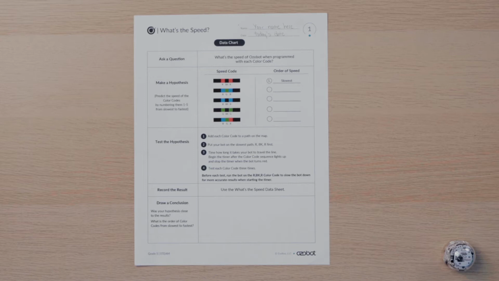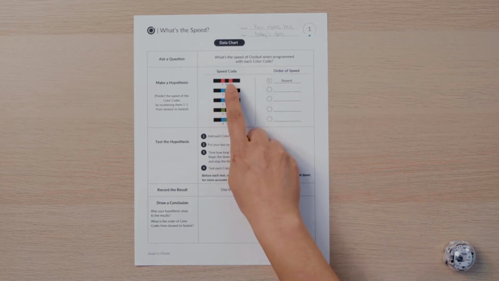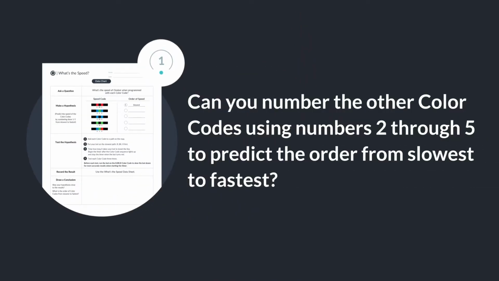The slowest color code has already been identified for you, marked with the number 1, or red, black, red. Can you number the other color codes using numbers 2 through 5 to predict the order from slowest to fastest?